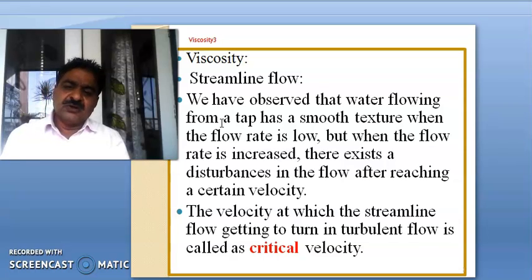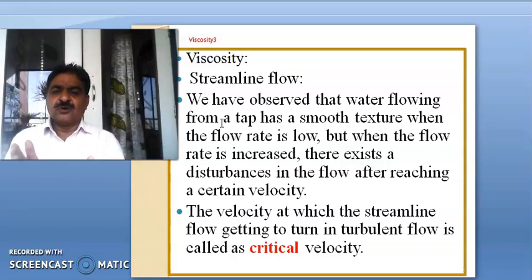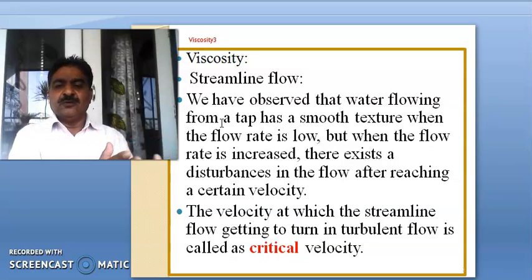So the velocity from which it is going to get disturbed is said to be critical velocity. The velocity at which the streamline flow turns into turbulent flow is called critical velocity. So are you getting it or not? Critical velocity is nothing but the velocity at which the fluid changes from streamline flow to turbulent flow.